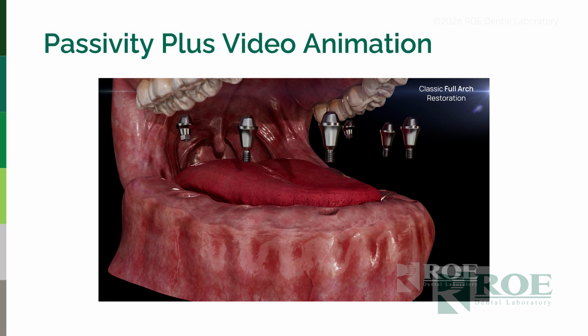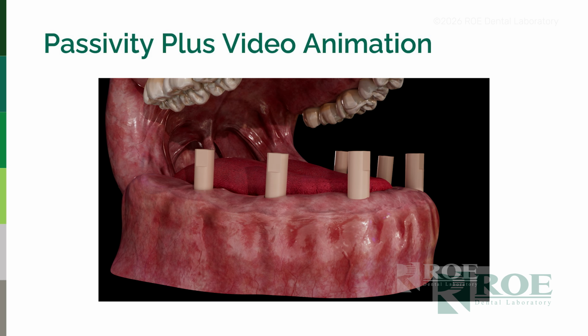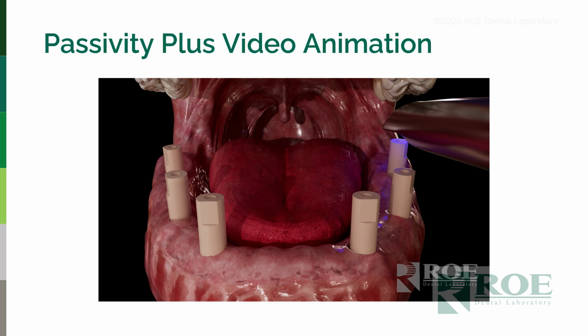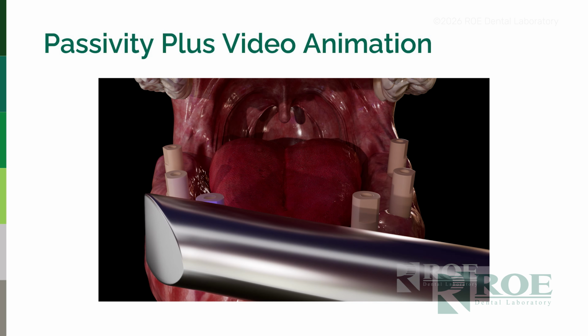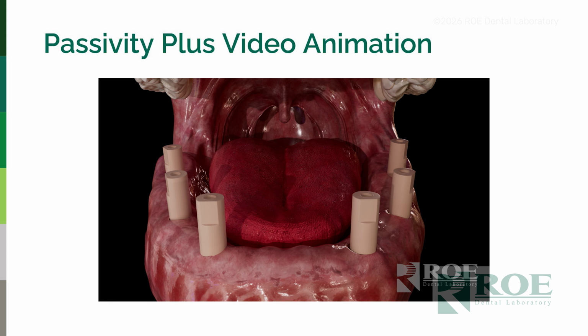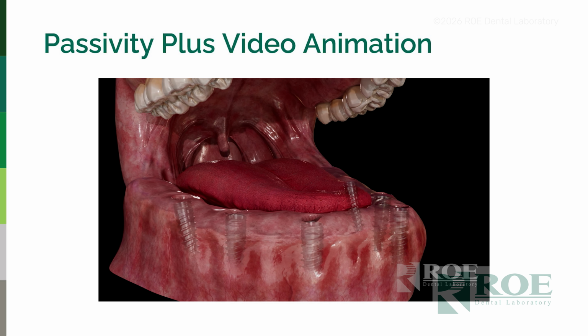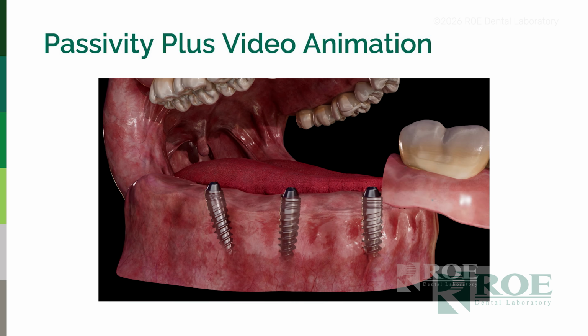So here we've got a sort of a typical full arch. This is on the lower jaw, restoration on MUAs. This is normal vertical scan body system being scanned with an iOS. That information then is going to go to the lab. Now we know that vertical scan bodies with normal iOS is not particularly accurate in full arch work, so we already know that there's going to be a discrepancy.